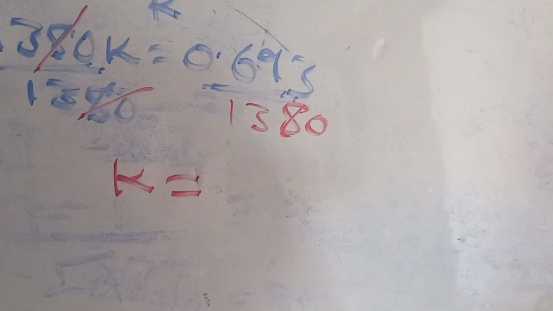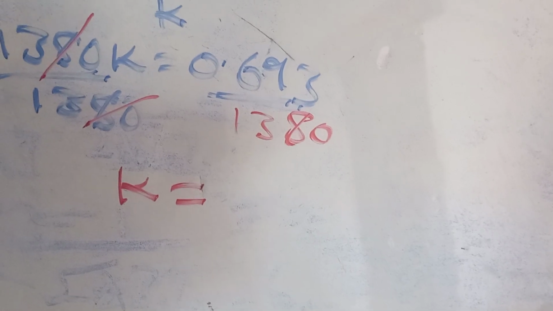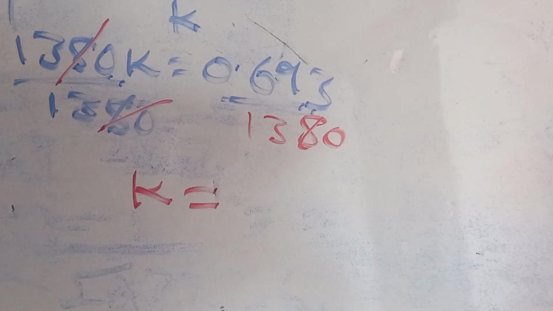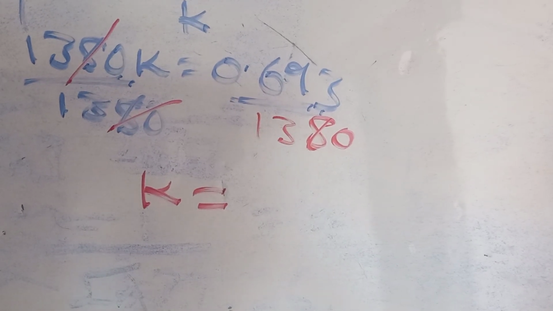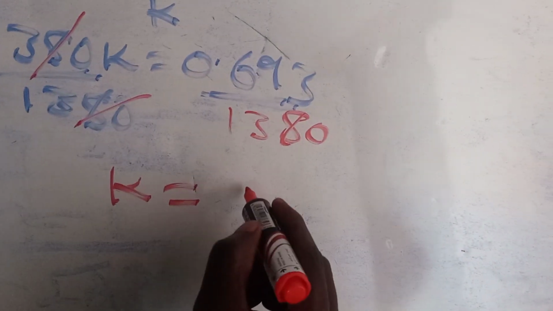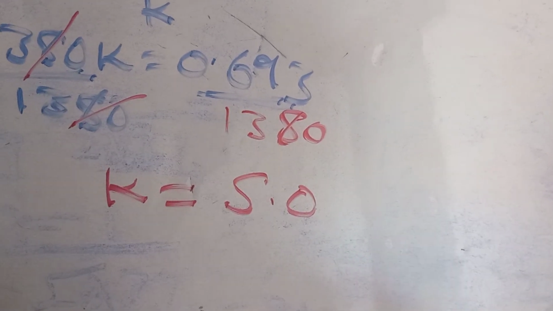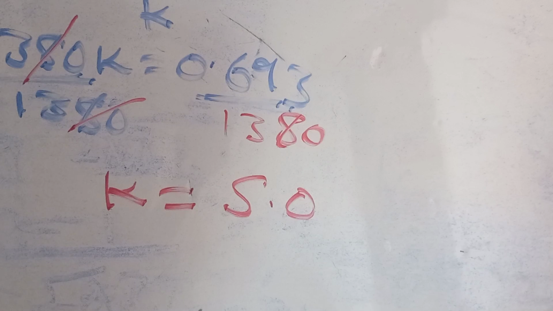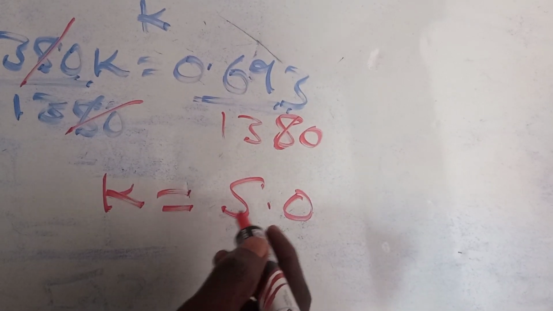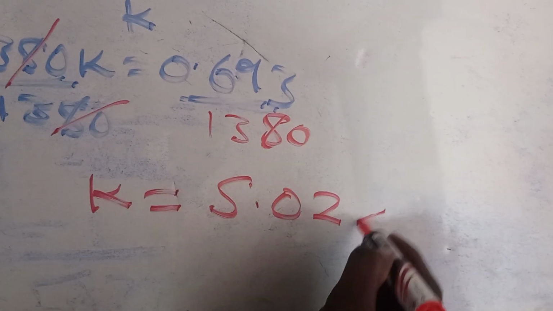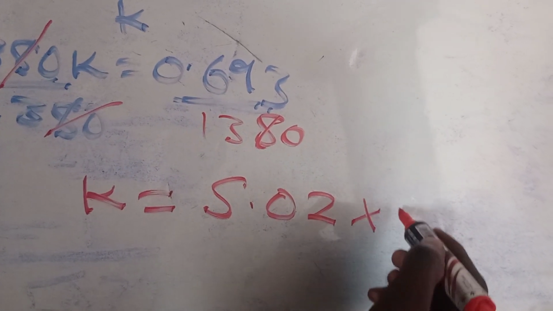I advise you to punch it twice, you might make a mistake there. So 0.693 divided by 1,380, you're going to have 5.02, and you can convert it into decimal places. I'm going to have 5.02, and the third number is 1, so we cannot round off.